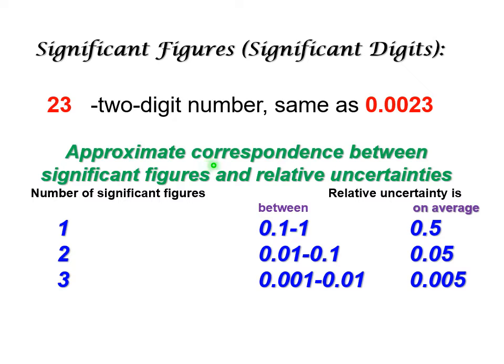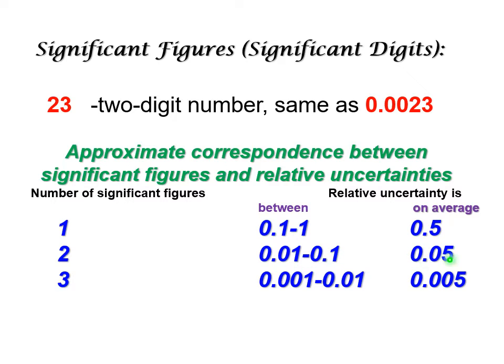There is an approximate correspondence between significant figures and relative uncertainties. If you have a one-digit number, relative uncertainty is somewhere between 0.1 and 1. On average, it's 0.5. It's a very large relative uncertainty. Two-digit numbers have uncertainties from 1% to 10%.